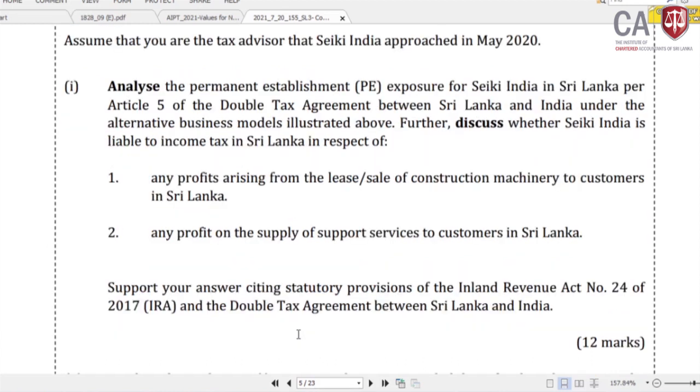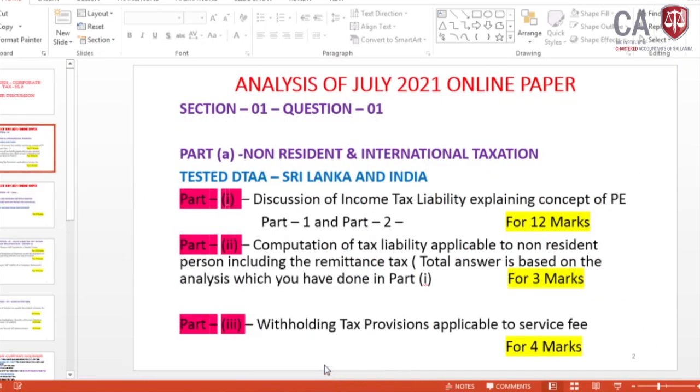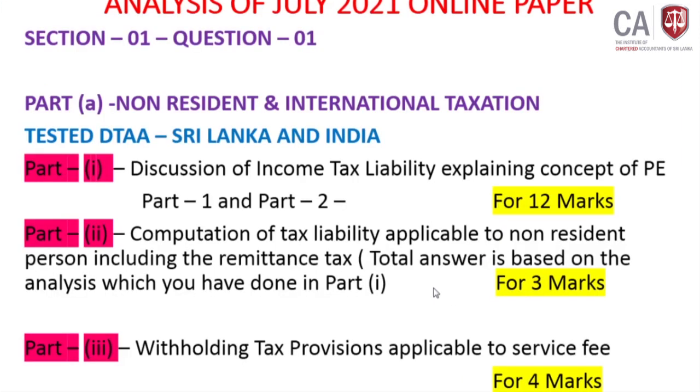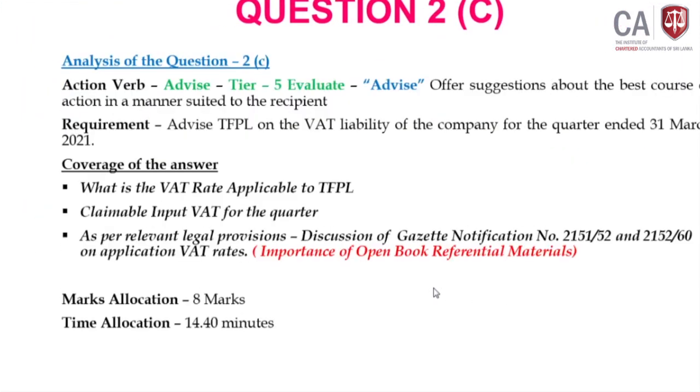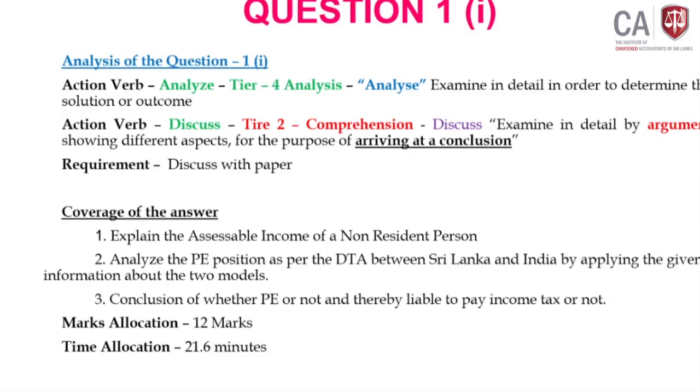Before we come to the facts of the question, I need to go to the PPT. This is the analysis of question 1, Roman 1. The action verb is analyze. This is tier 4, the analysis.